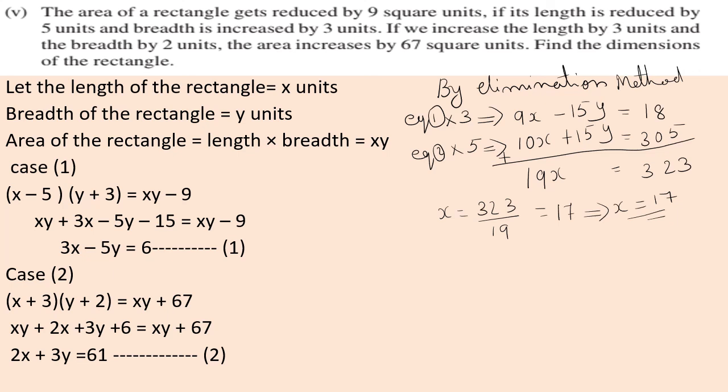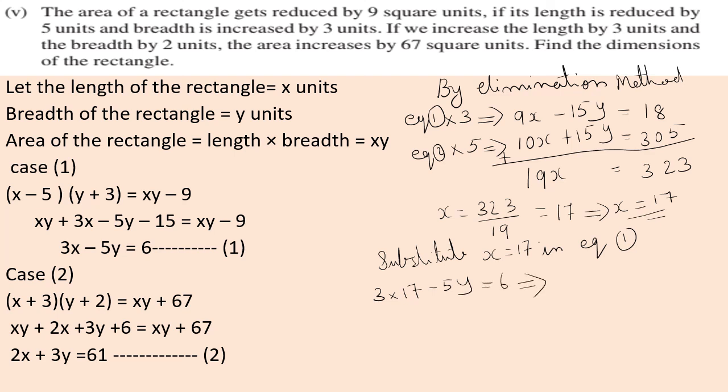Now you can substitute x equal to 17 in one of the equations. Substitute x equal to 17 in equation 1, that is 3 multiplied by 17 minus 5y equal to 6.